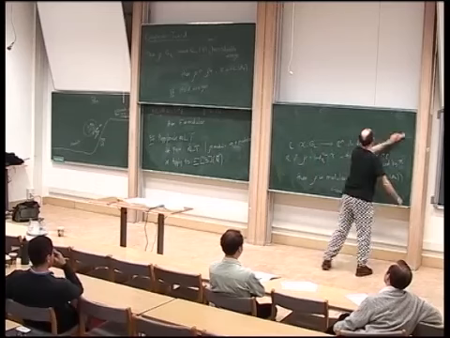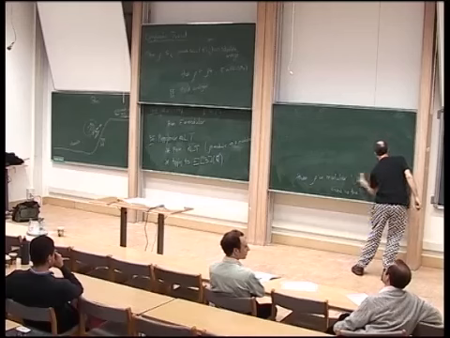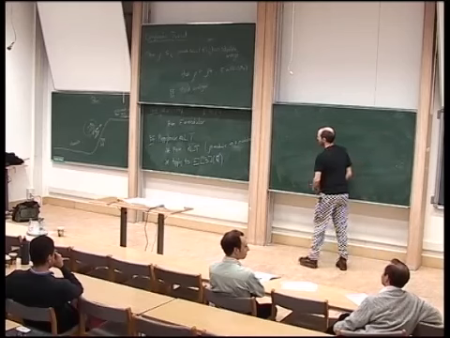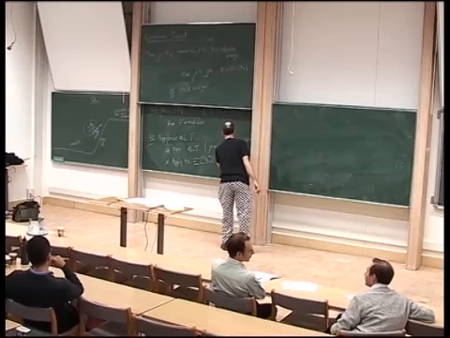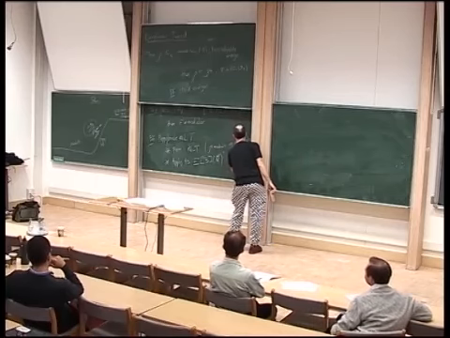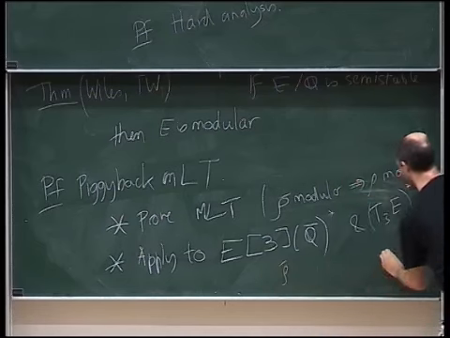So you're very lucky. So apply to E[3], so strictly speaking, the dual of this and the Tate module, the 3-adic Tate module of E. That's your rho bar, and that's your rho.